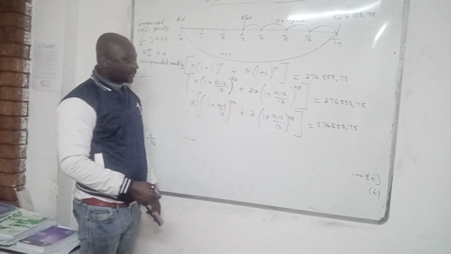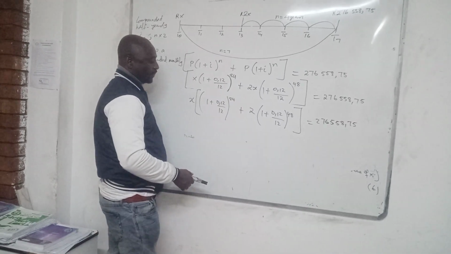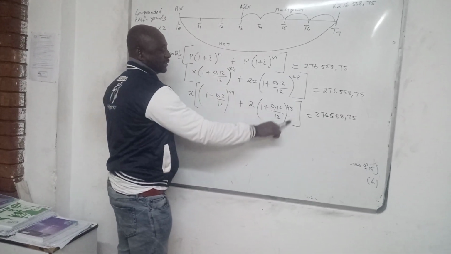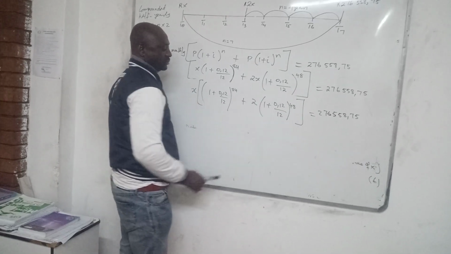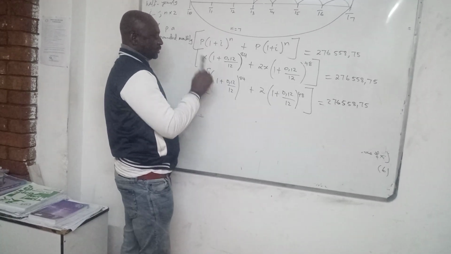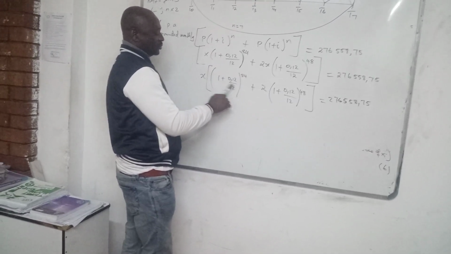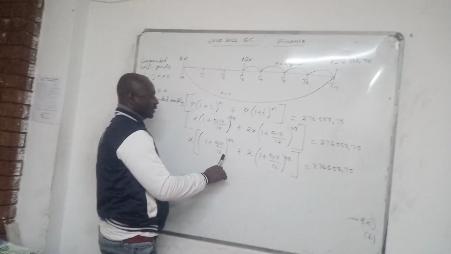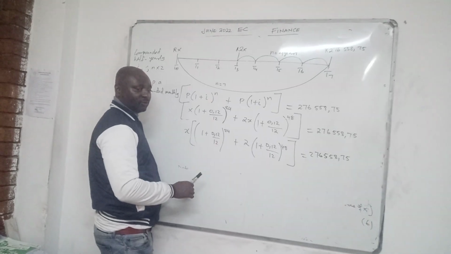So I need to divide. You can do what is inside this bracket together now. You type into bracket, open a bracket, 1 plus 0.12 over 12, close the bracket, raise it to the power 84.